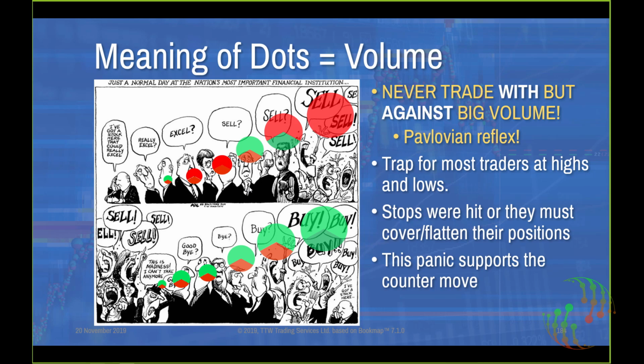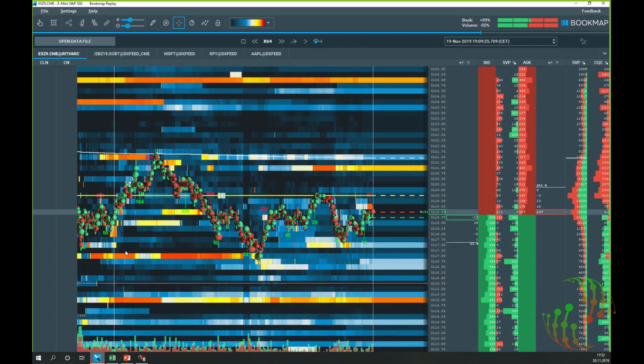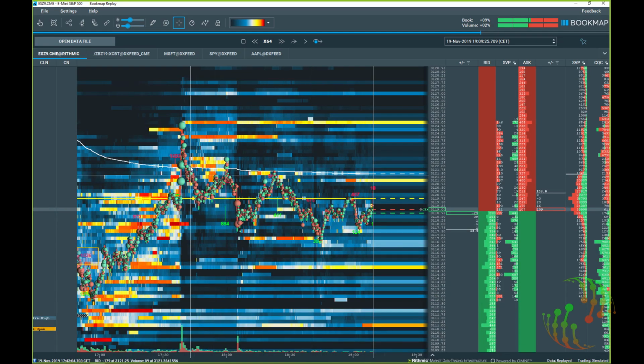It's an old one, but it's true. Someone starts, I've got a stock here that could really excel, sell, and then the panic comes in. And that's what we can explain with these movements here.